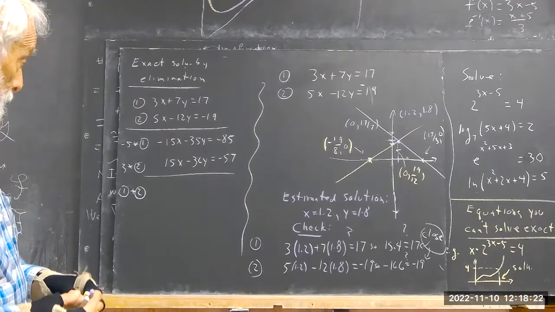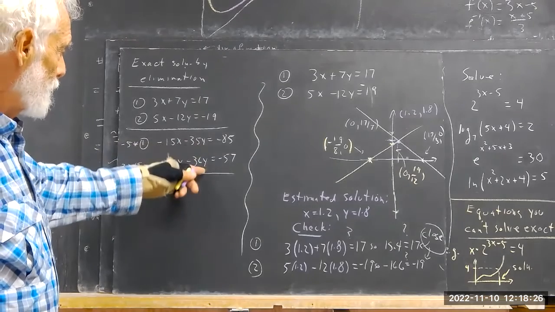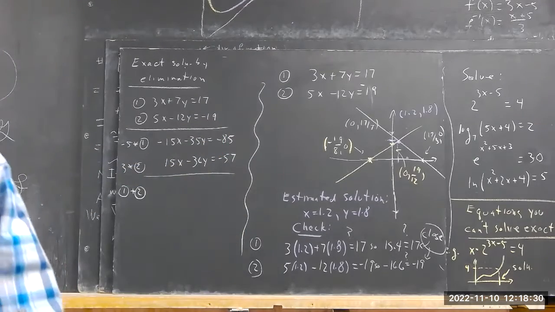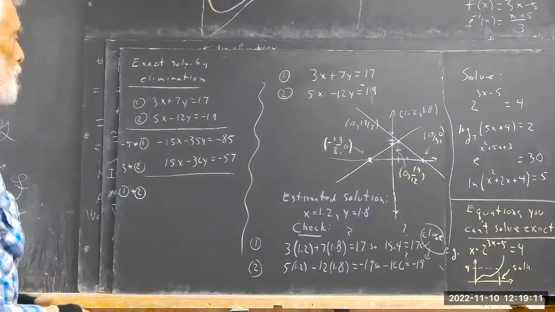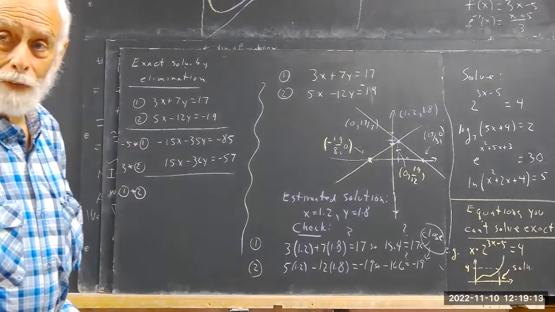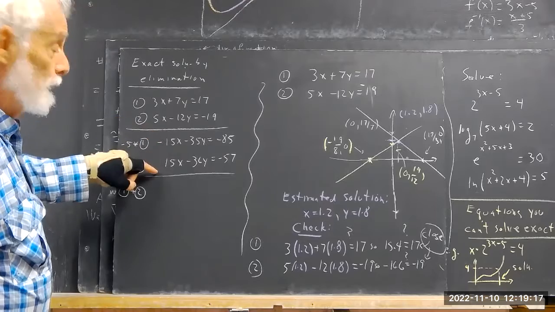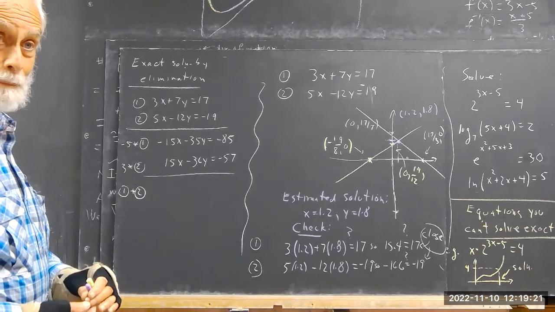So what do I get if I add this side to this side? And what do I get if I add this side to this side? The first thing you're probably going to do is add the -15x to the 15x, and it's going to give you 0.